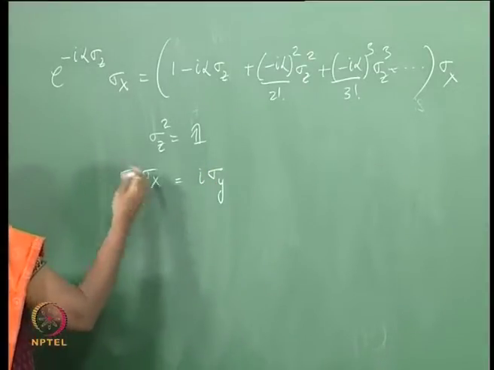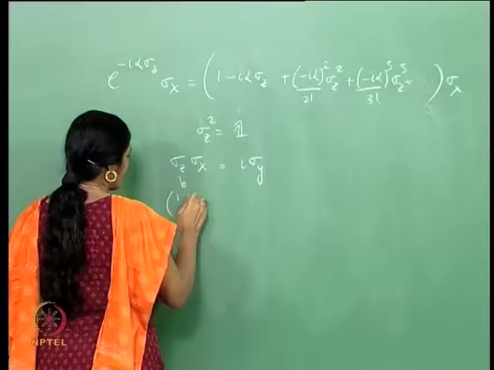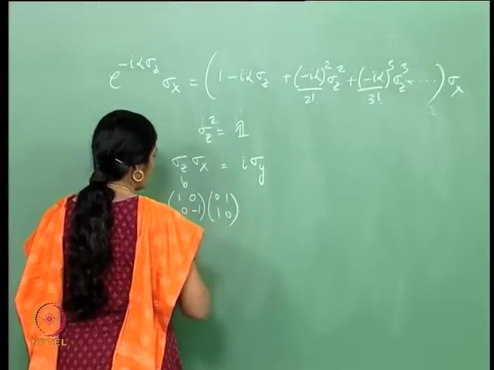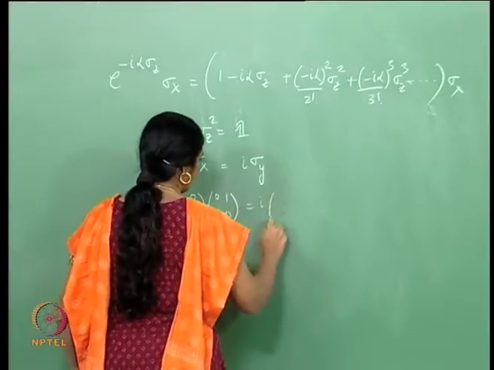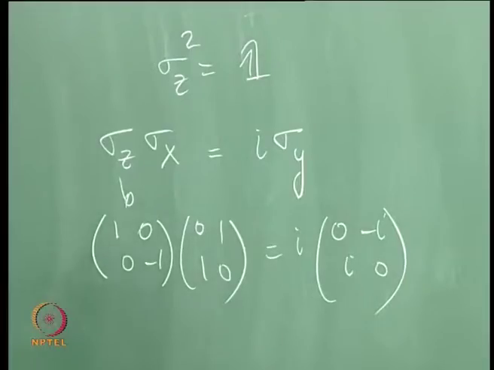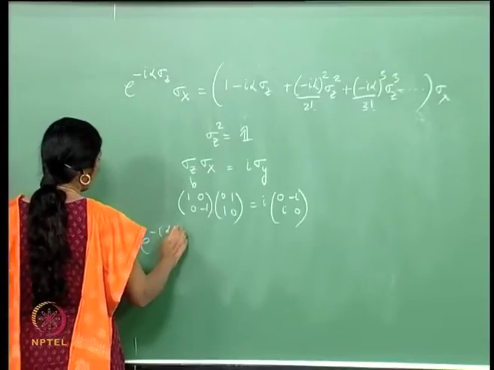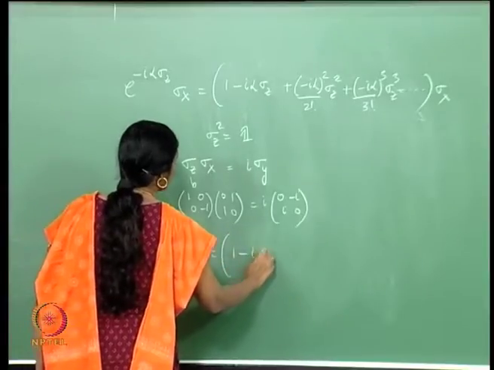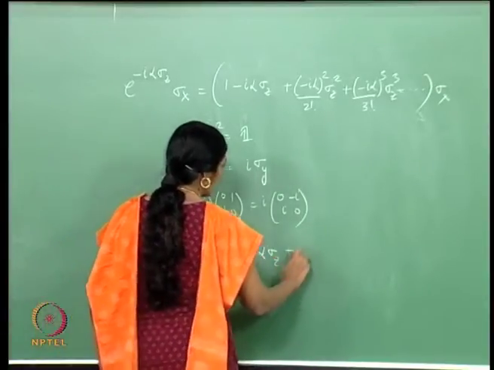Remember that I could use the matrix 1 0 0 minus 1 for sigma z and 0 1 1 0 for sigma x, and that is the same as I sigma y. And therefore, e to the minus I alpha sigma z sigma x is 1 minus I alpha sigma z.